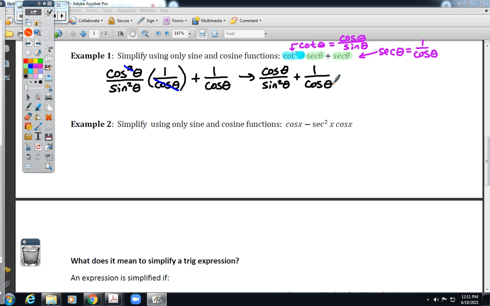So to get that, we multiply the first expression, bottom and top, by cosine. And the second expression, we multiply the bottom and the top by sine squared.